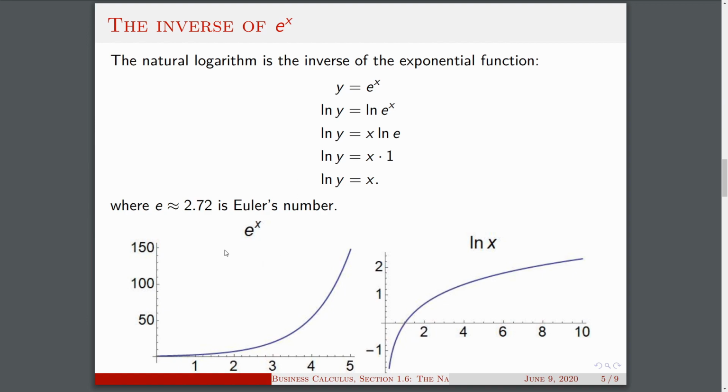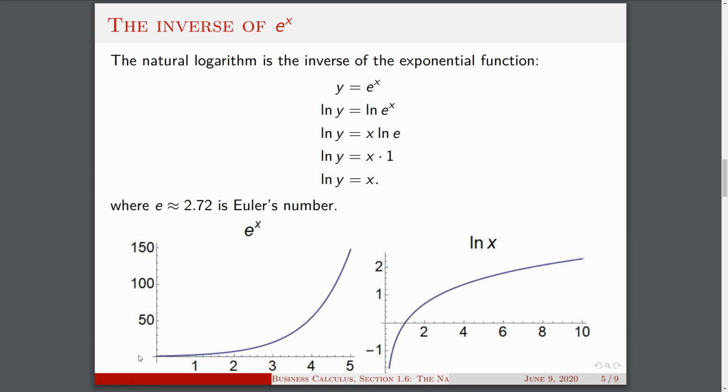Okay. Here's what these functions look like. To compare them side by side, here's the exponential formula, e to the x, and here's the natural log function, ln of x. Notice that, is this function positive or negative? It is positive. It lies above the x-axis.